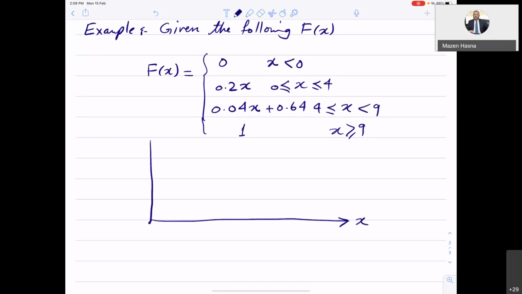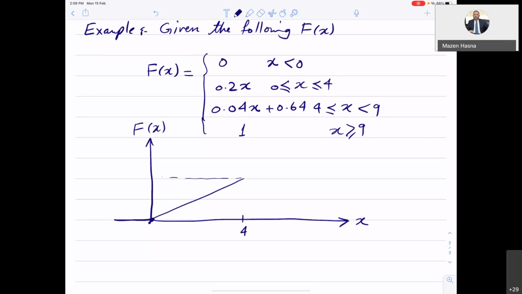This is capital F of x. Before 0, it's 0. From 0 to 4, it's a straight line, so it goes from 0.2 times 0, which is 0, all the way to 0.2 times 4, which is 0.8.